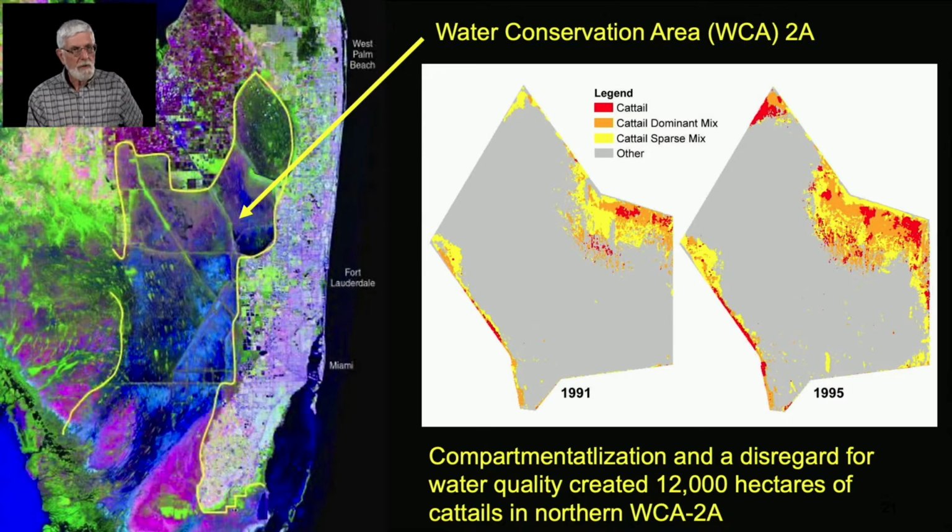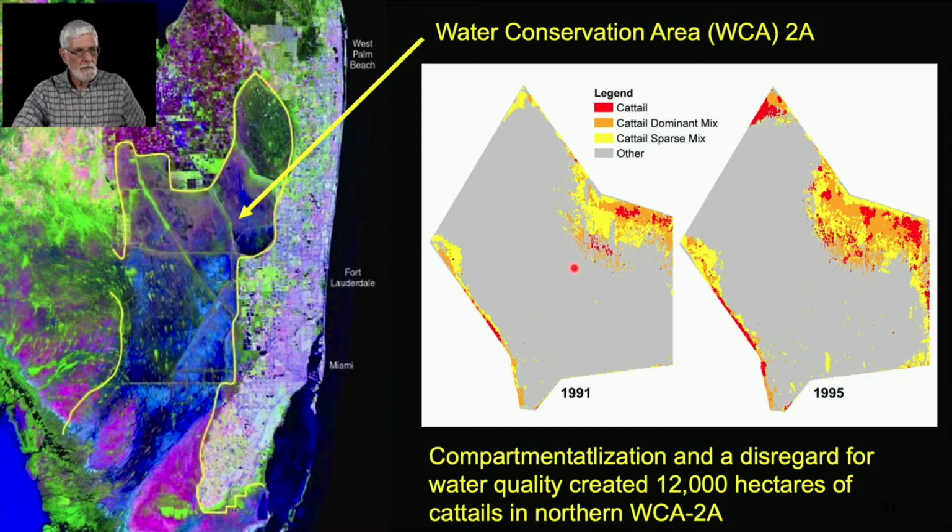Area 2, on the other hand, is the place where we have the most cattails. Lygodium is the beast to take care of in Area 1. In Area 2, the beast to try and take care of is this cattail community here. And it's been growing since 1991.